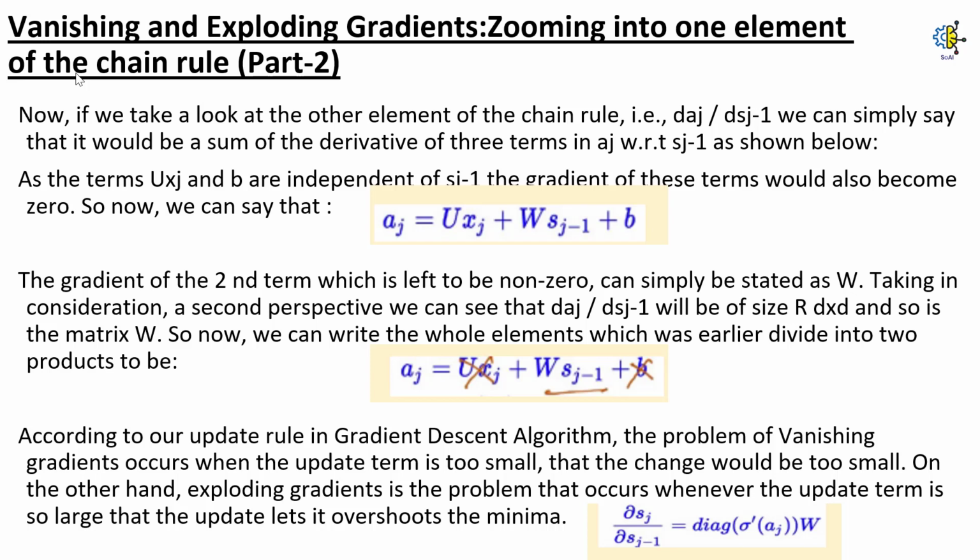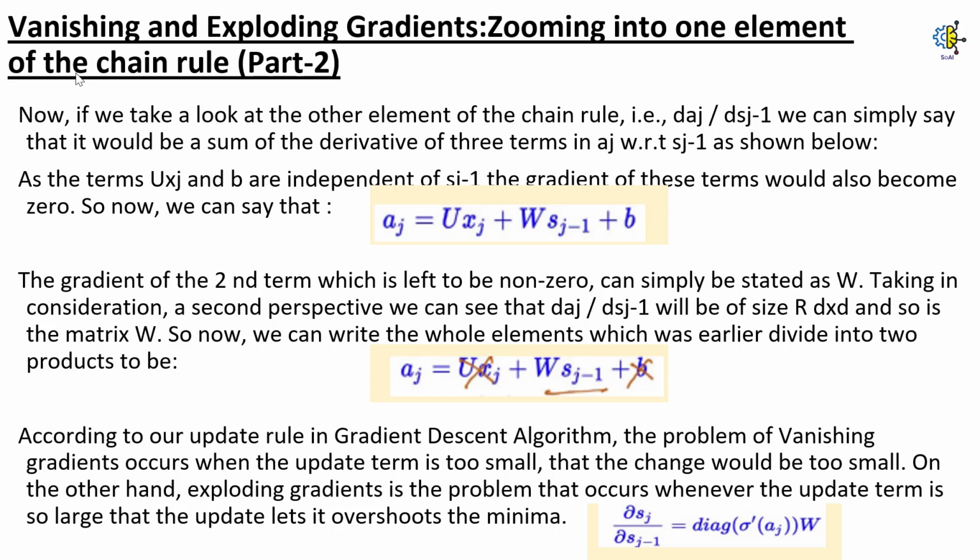The gradient of the second term, which is left to be non-zero, can simply be stated as w. Taking into consideration a second perspective, we can see that daj by dsj minus 1 will be of size d by d, and so is the matrix w. So we can write the whole element, which was earlier divided into two products, as wsj minus 1.